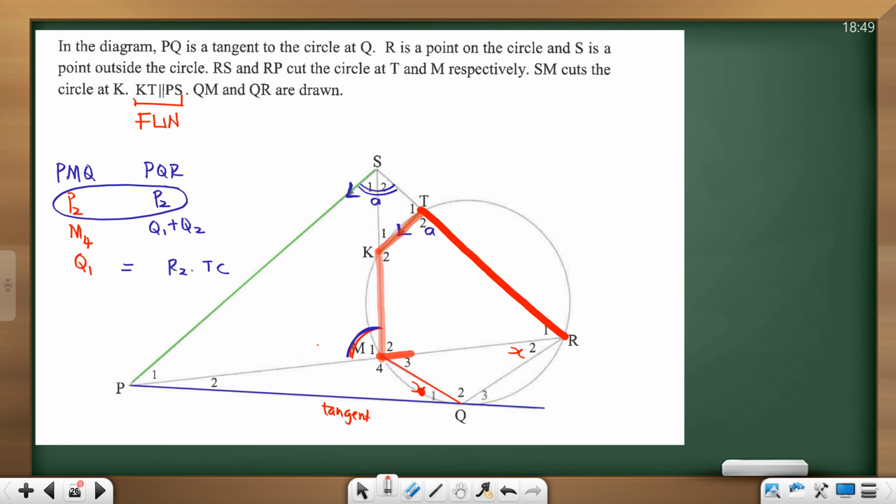Can you see a cyclic quadrilateral? What do you know about the cyclic quad? Exterior angle is equal to the opposite interior angle. So if that is a, are we not done? We're done.